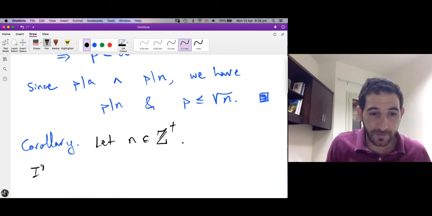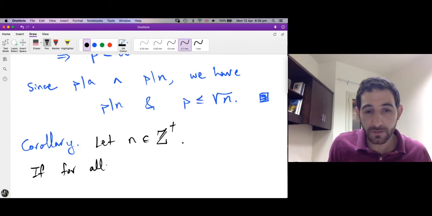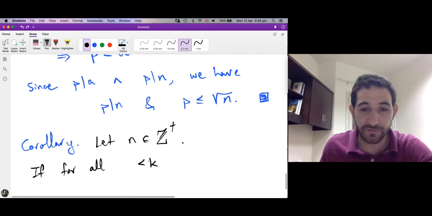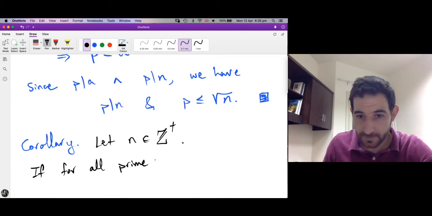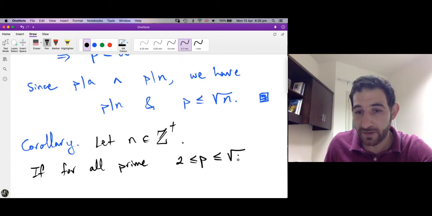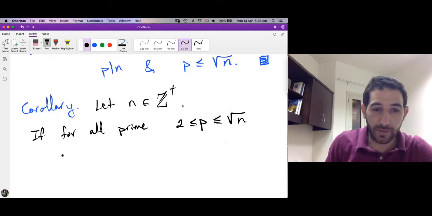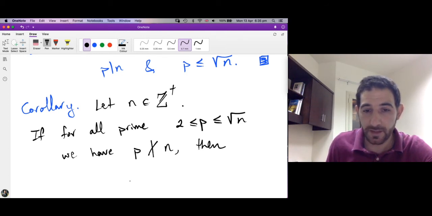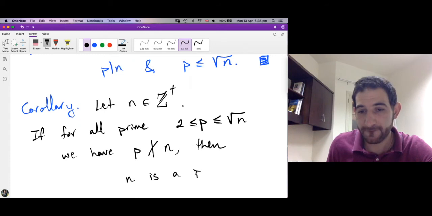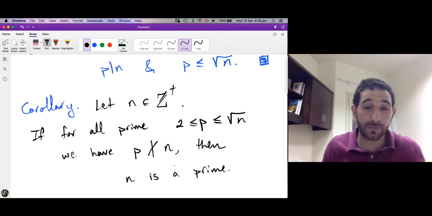If for all prime numbers p, where p starts from 2 and up to square root of n, so look at all the prime numbers between 2 and square root of n, if this prime does not divide n, then n is a prime number. This is the contrapositive of the above.